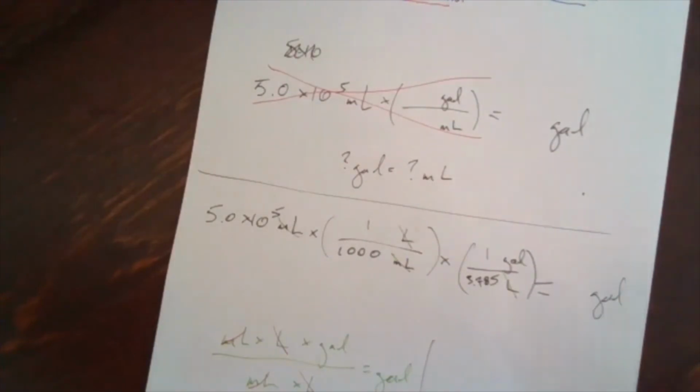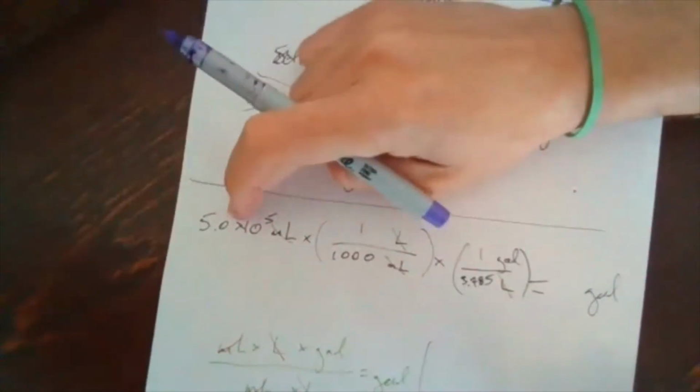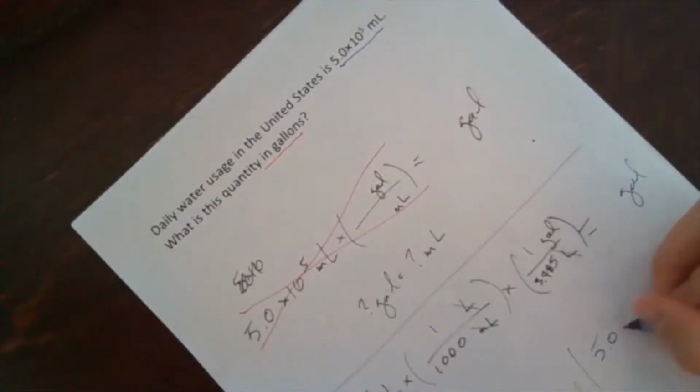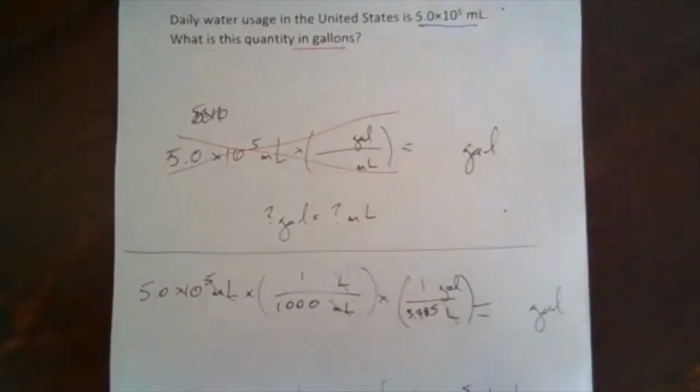And for the arithmetic, I use the same pattern. The 5.0 times 10 to the 5th times 1 times 1, and then it's going to be divided by both of those numbers. So you'd plug that into your calculator or do it by hand if you're feeling adventurous. It is going to be this, right?